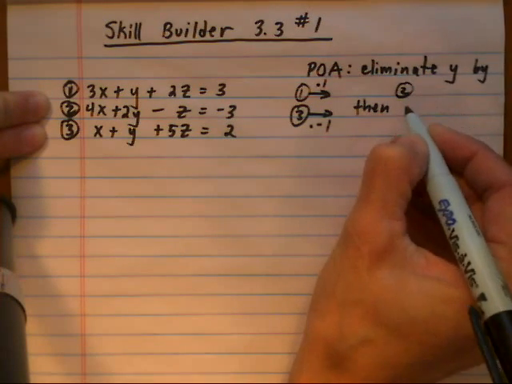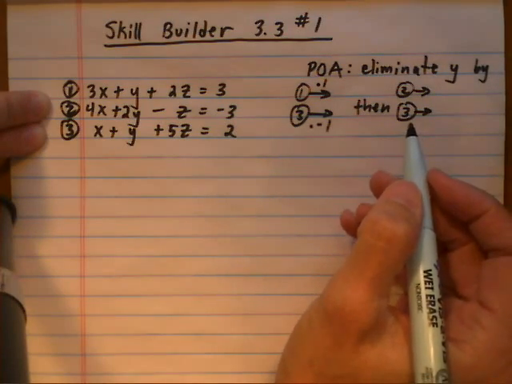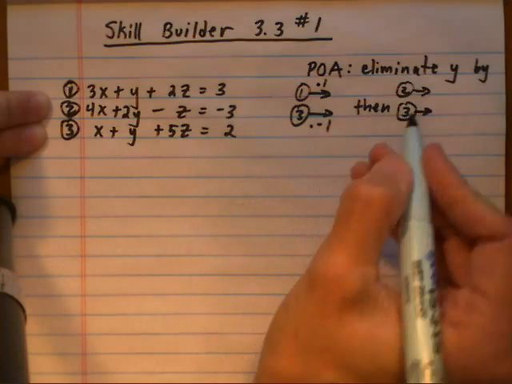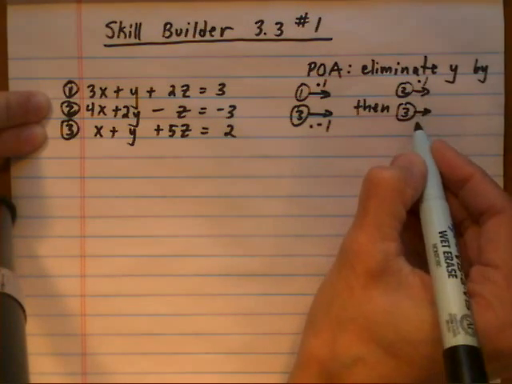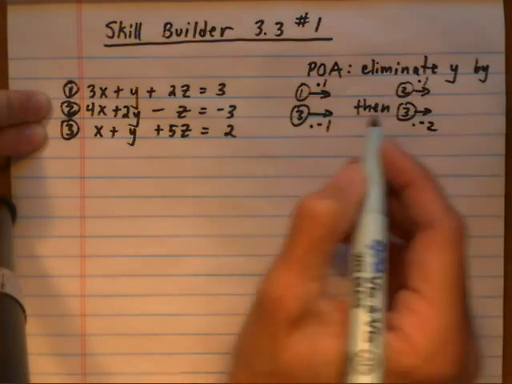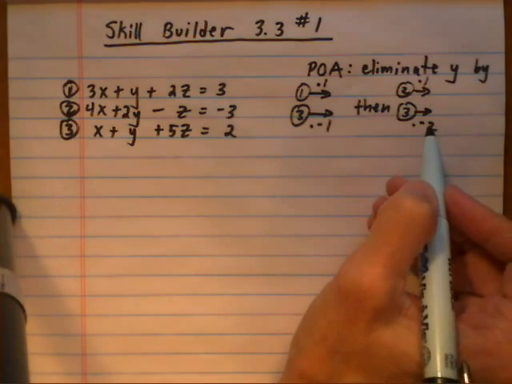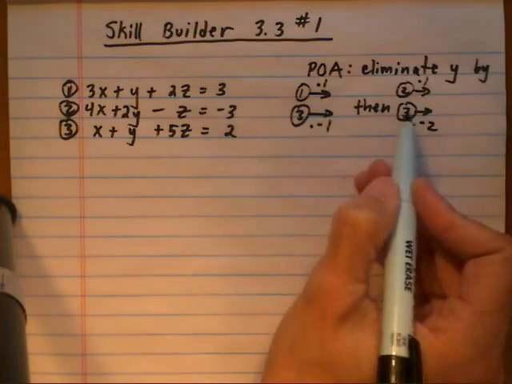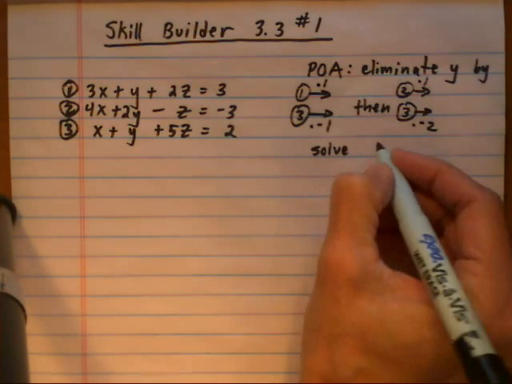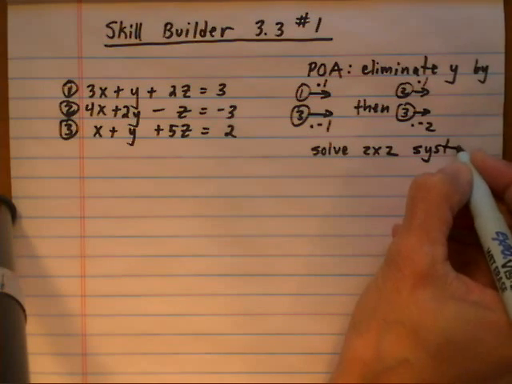So I'm going to do equation 2, equation 3, and we're going to leave equation 2 as is and multiply equation 3 by negative 2, because we want to have minus 2y here. You have to always get rid of the same variable in both cases because we're going to be left with a 2x2 system that results from this plan of attack.